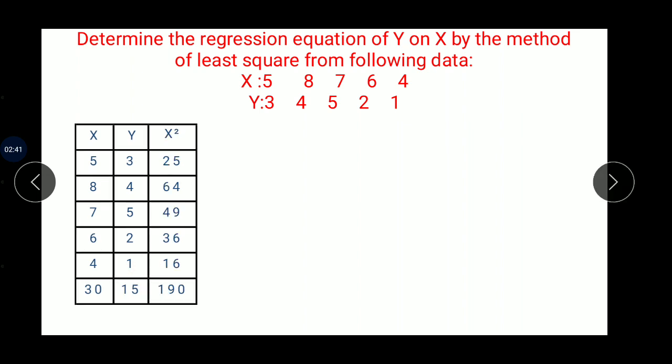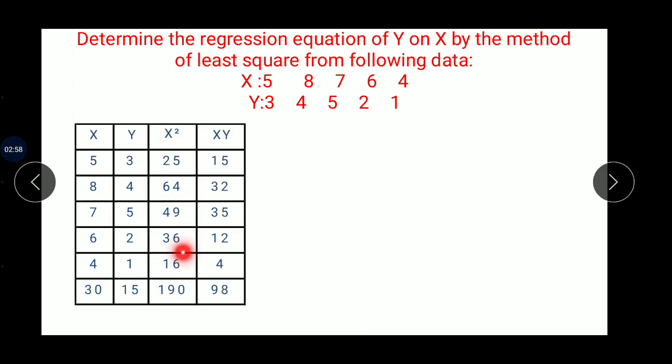Now we will find x square: 5 into 5 is 25, 8 into 8 is 64, 7 into 7 is 49, 6 into 6 is 36, 4 into 4 is 16, and this is the total. Then we will find x into y: 5 into 3 is 15, 8 into 4 is 32, 7 into 5 is 35, 6 into 2 is 12, 4 into 1 is 4, and this is the total of x into y.